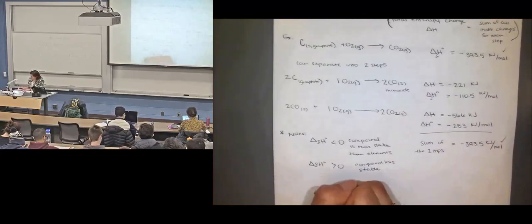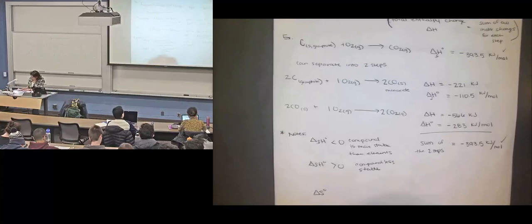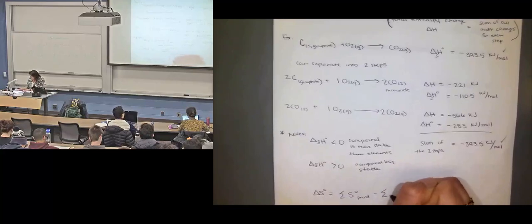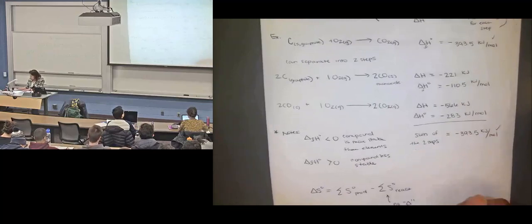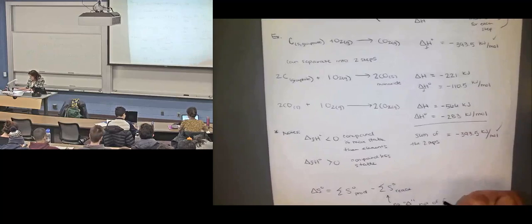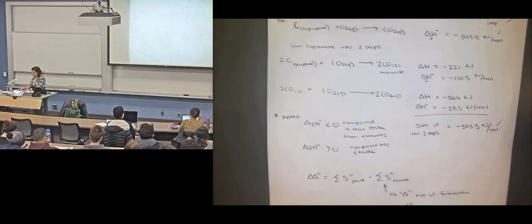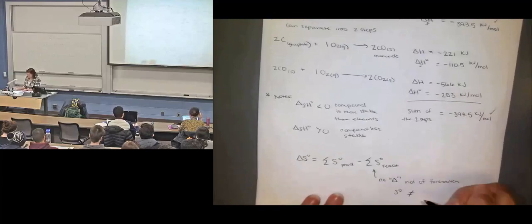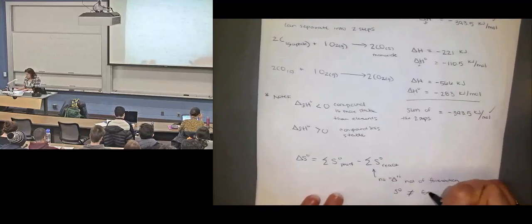And just keep in mind that for this equation where I'm doing the sum of all the entropies of my products and my reactants, I have no delta because it's not of formation. My standard state entropy is not equal to 0 for elements.